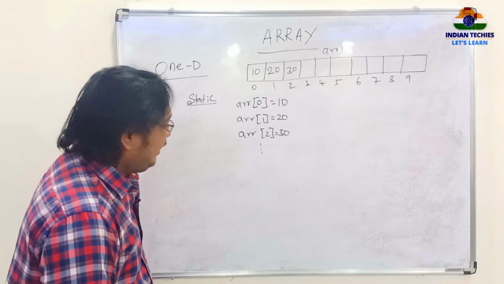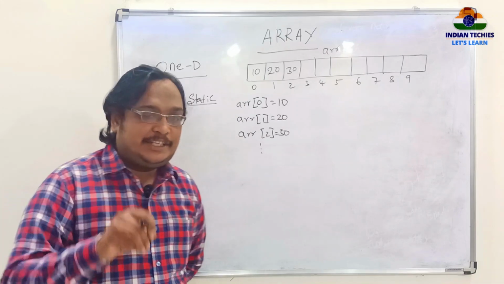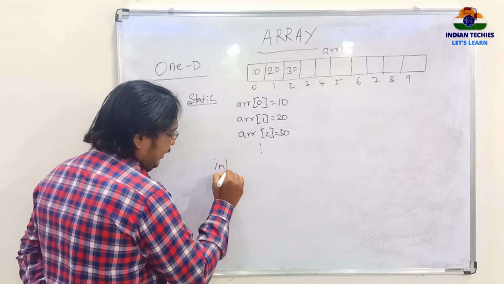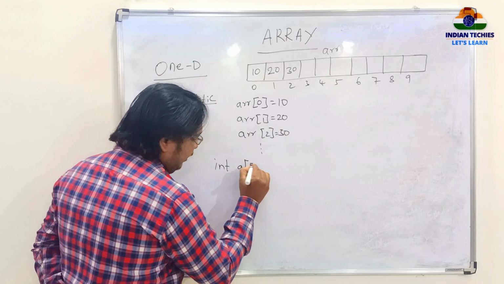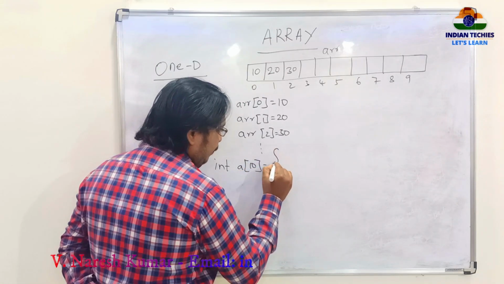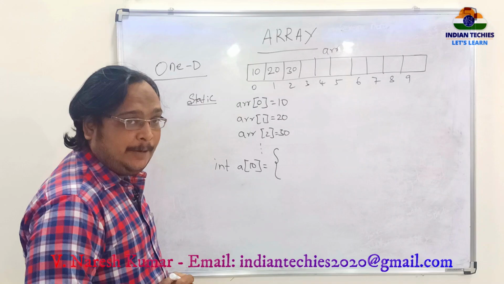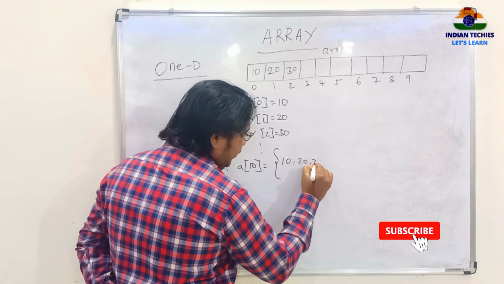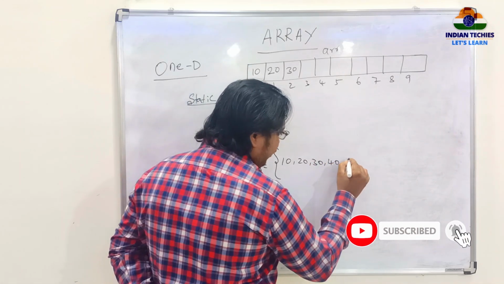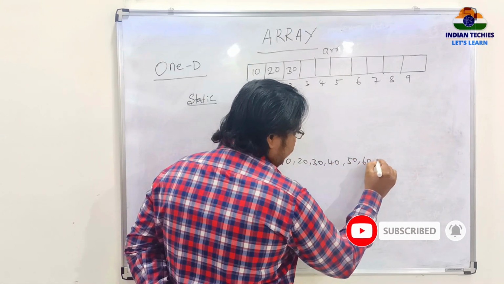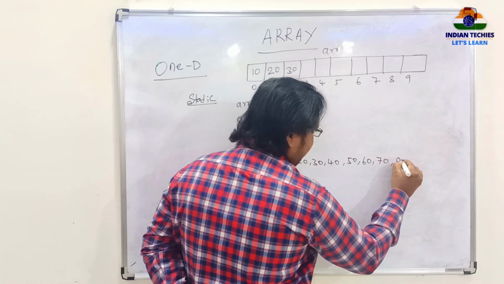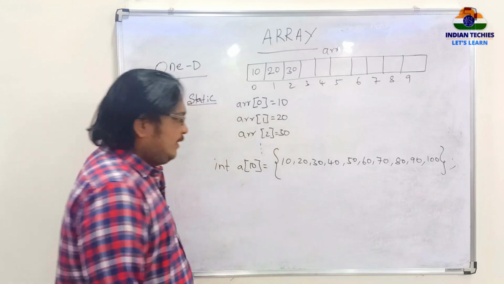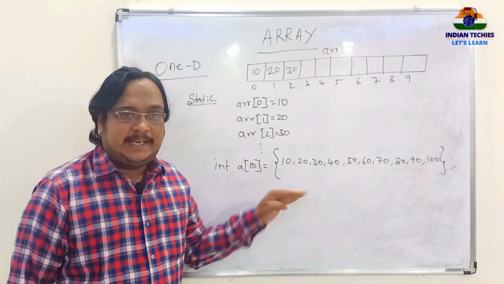Another way is that at the time of declaration you can assign the values. I write int a of 10 is equal to, open braces, 10, 20, 30, 40, any numbers you can give, 70, 80, 90, 100. This is another way of giving input in a single line.